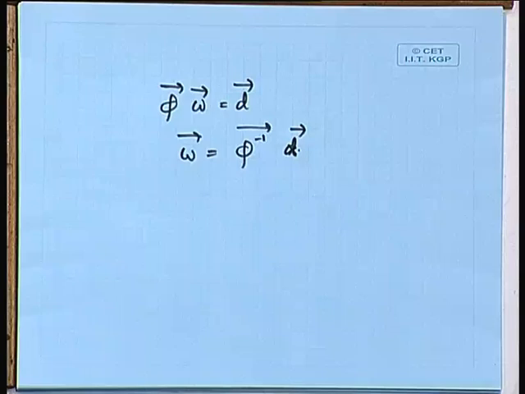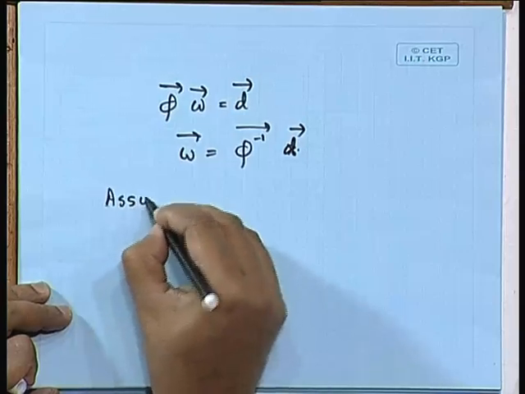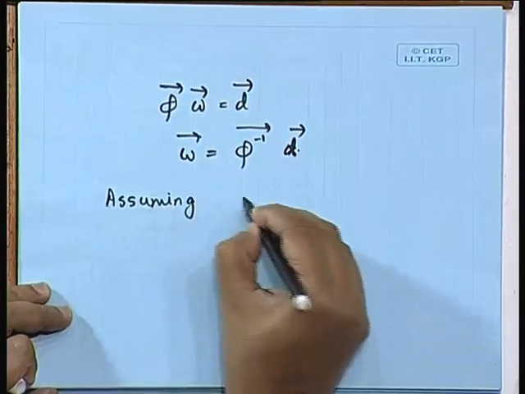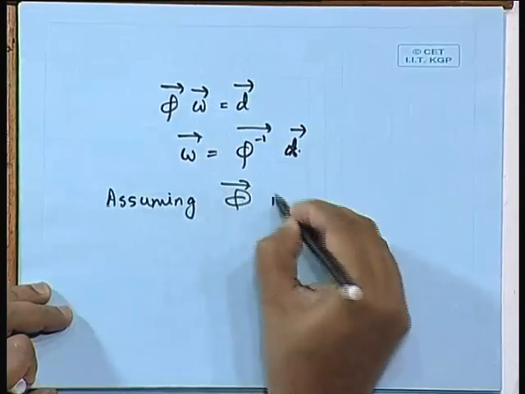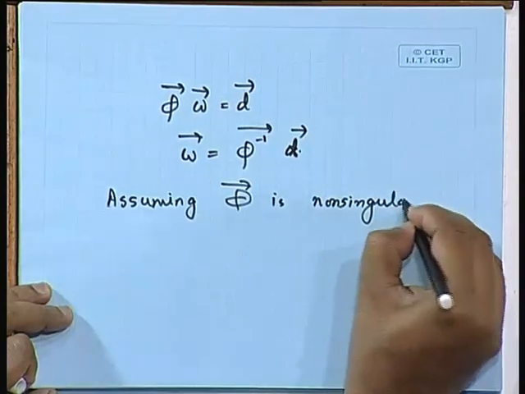And then we compute the phi matrix, and then we take the inverse of this. So, this is possible, assuming that phi is non-singular, and therefore phi inverse exists.